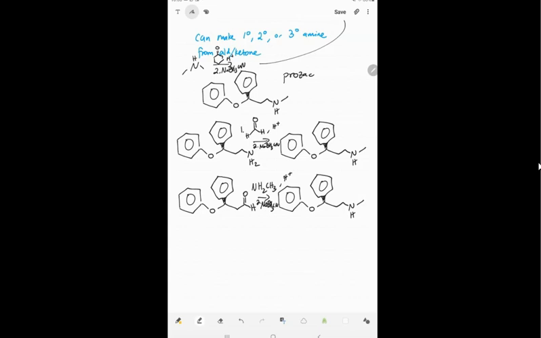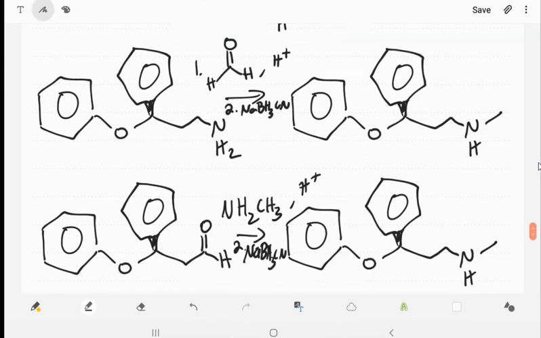So we have tools. We can either start with the amine and alkylate it, or we can start with the aldehyde and aminate it. So make the imine and then go ahead and reduce. So lots of tools here.